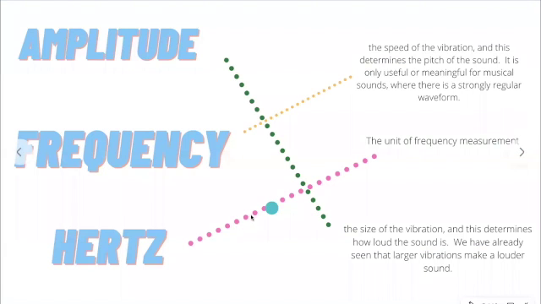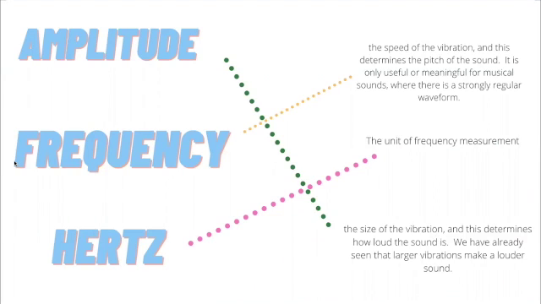Great job. So on our screen, we see our same three words and we see our same three definitions. And now we see lines that go from the word to the definition. So for the definition of amplitude, we follow our green dotted line and we see the size of the vibration, and this determines how loud the sound is. We have already seen that larger vibrations make a louder sound.